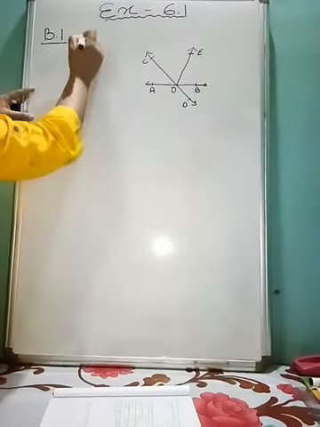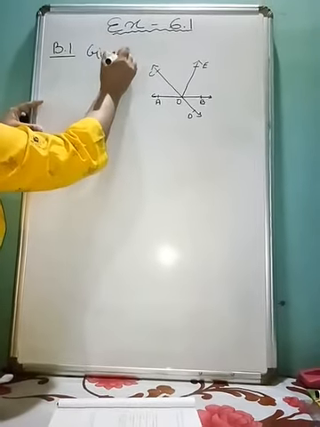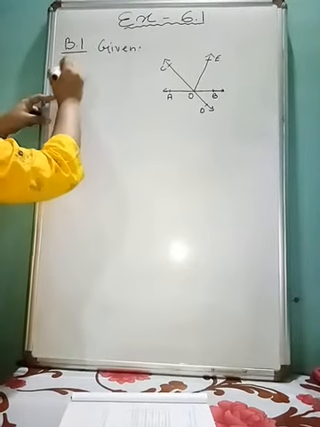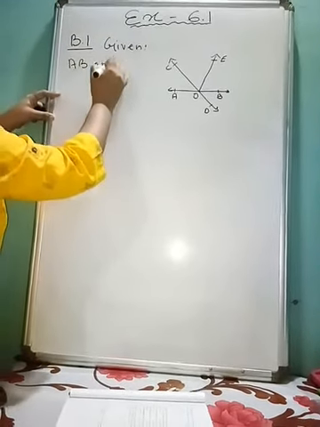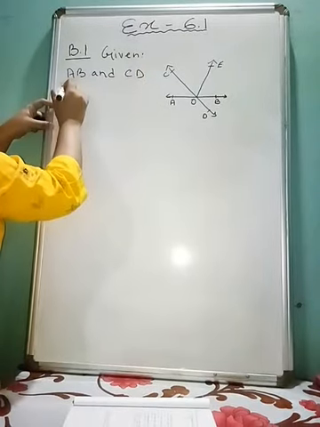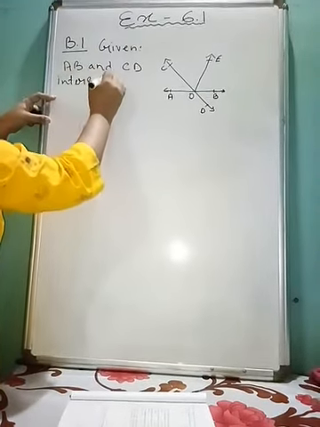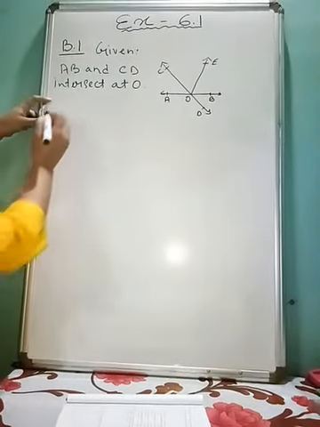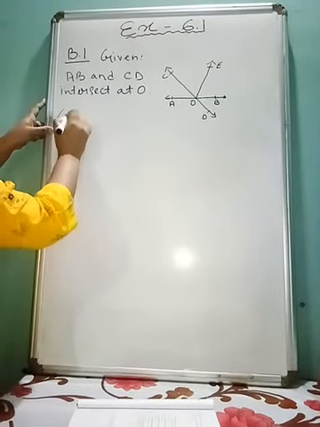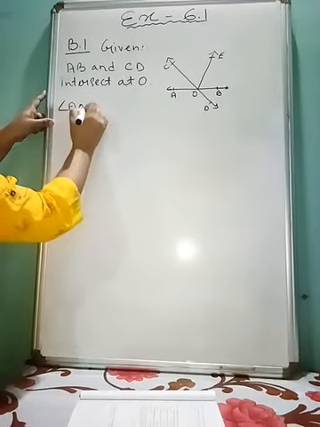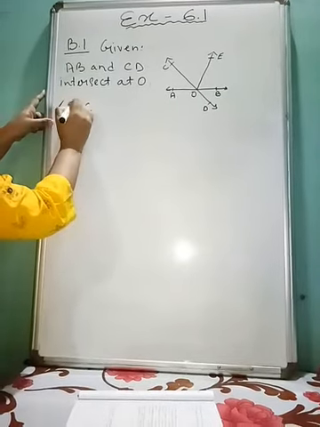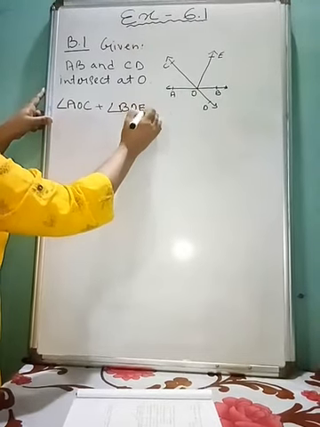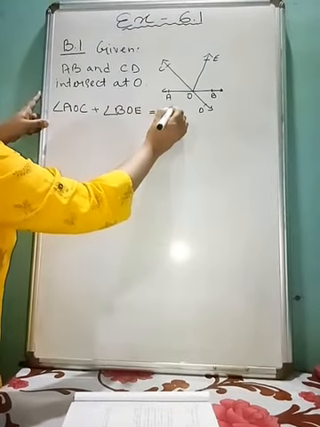So what are the things we are given here? Let us write down first of all. We are given here AB and CD intersect at O. So we will write AB and CD intersect at O. Next it is said angle AOC plus angle BOE is equal to the given 70 degree.